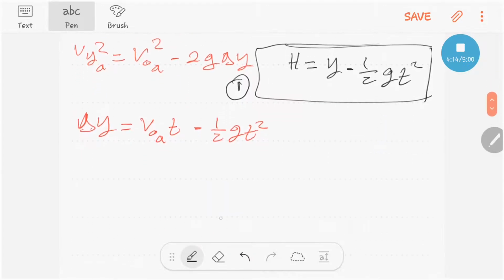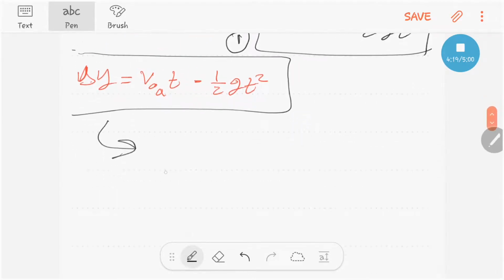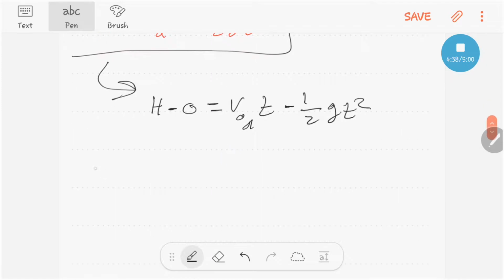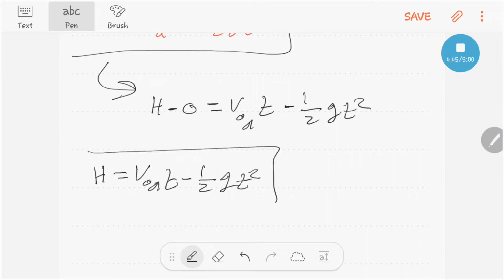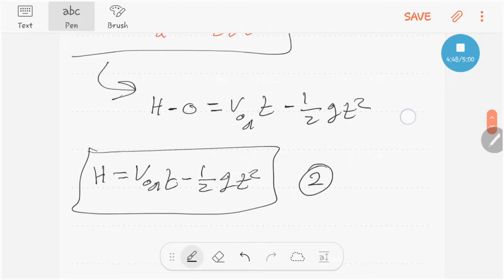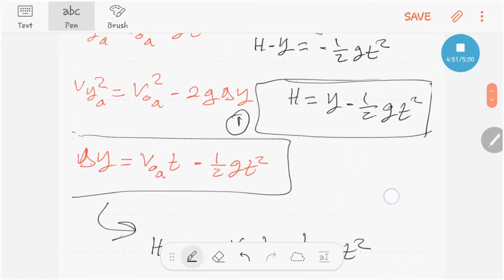And let's take this for the arrow. Y final for the arrow will be H minus y initial, which is 0, equals v naught a t minus half gt squared. So we have H equals v naught a t minus half gt squared. This is equation number 2. Now we have this equation and this equation.